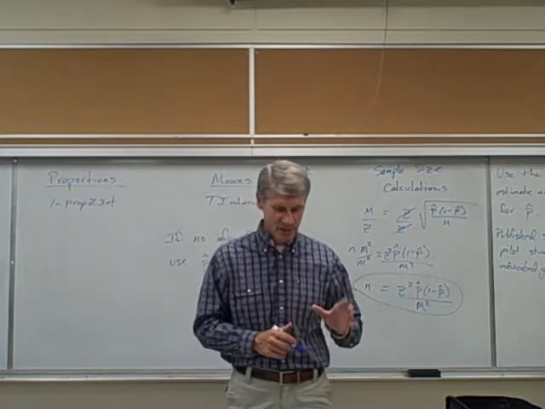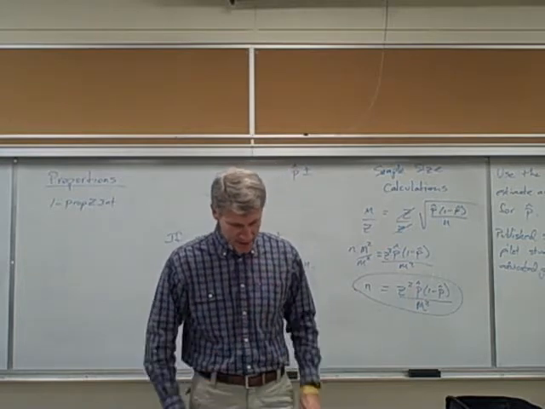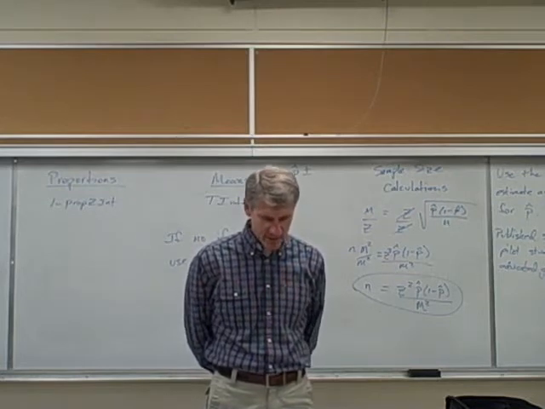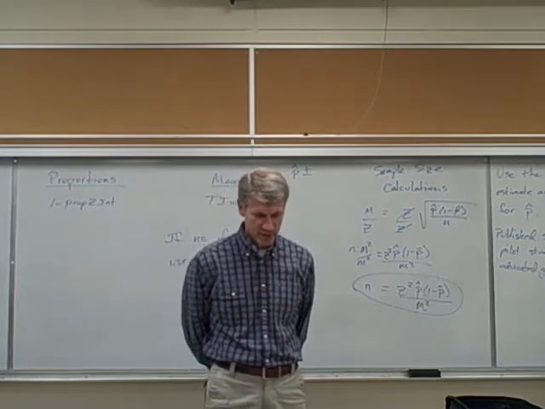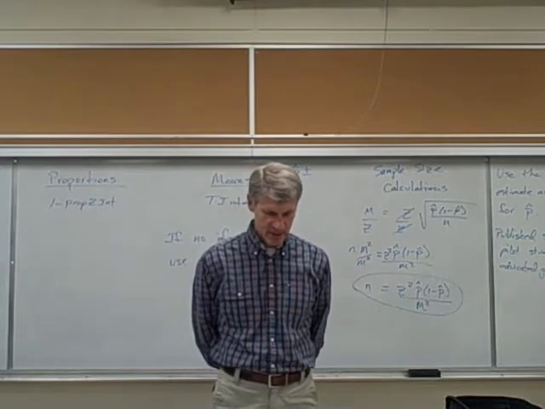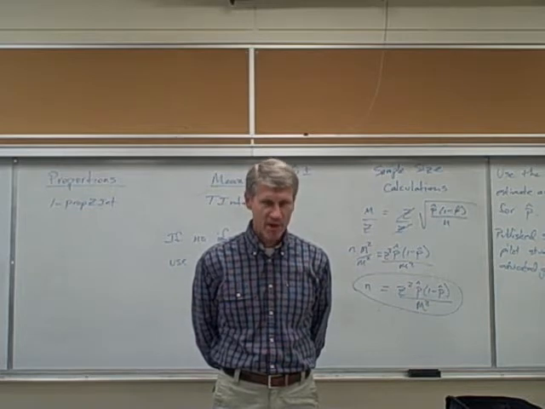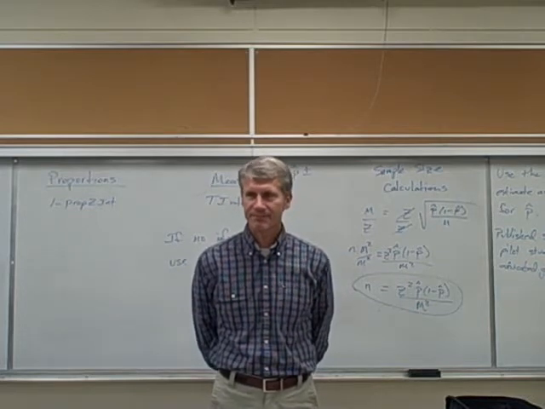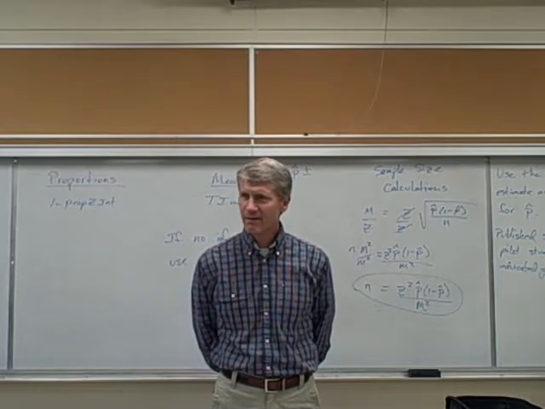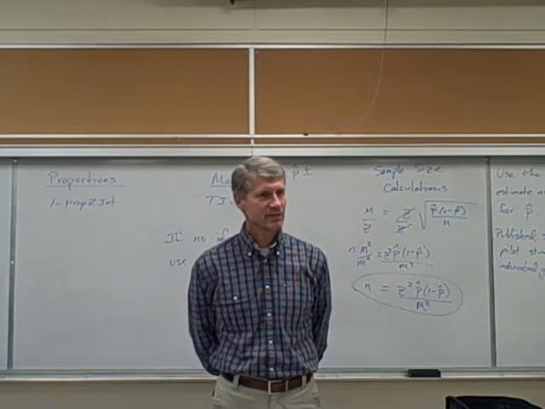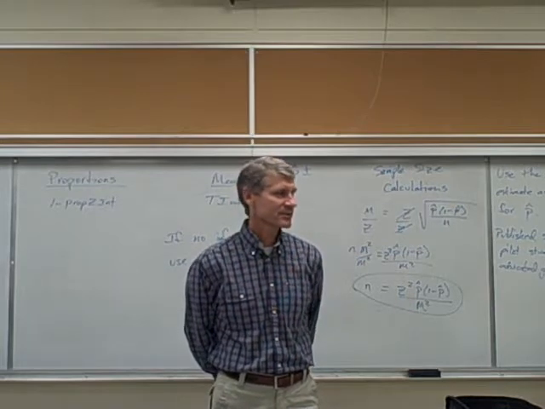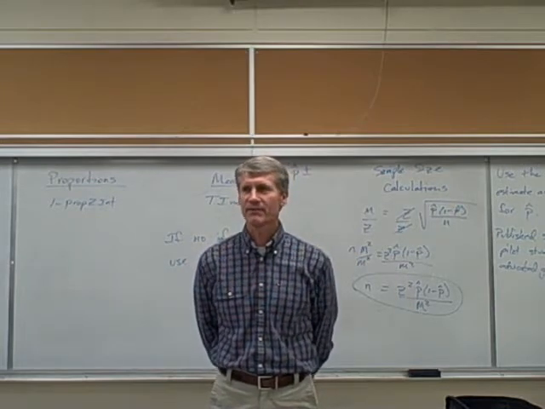But 19% are abstainers. It says, to estimate this proportion in your school, how large a random sample would you need to estimate it within 0.05 with probability 0.95? With probability 0.95, they're kind of disguising it, but what they're saying is use a 95% confidence level.